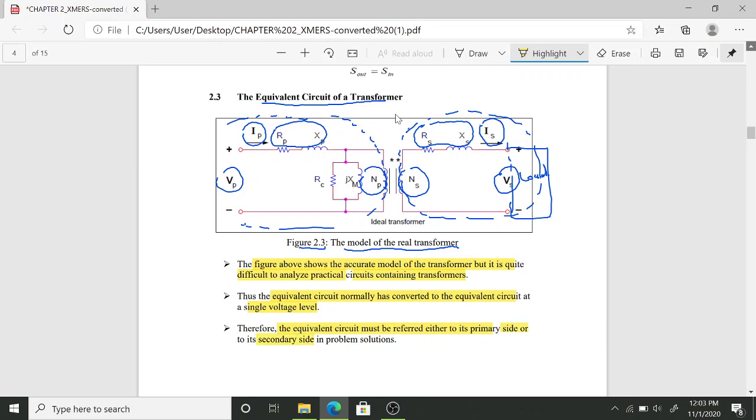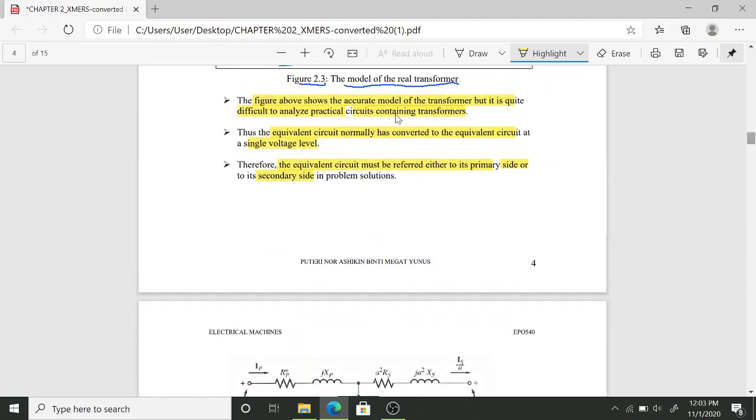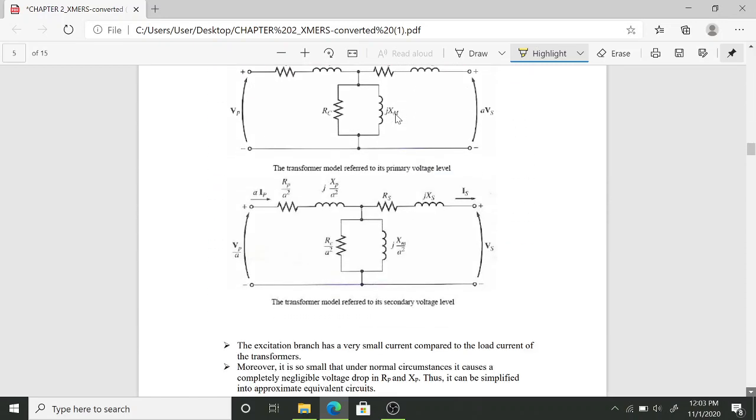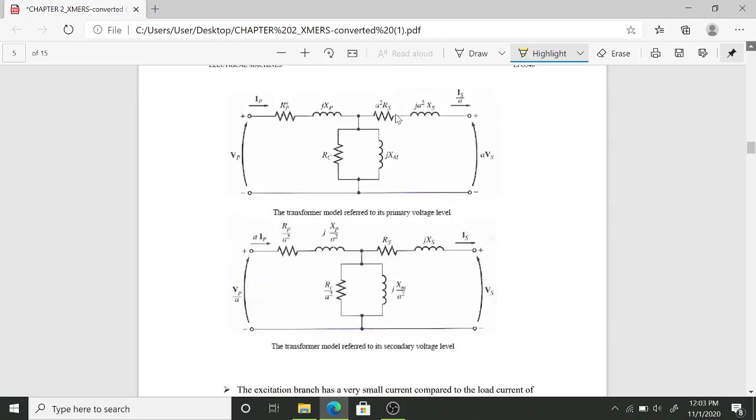Alright. So next, this is the model referred to the primary voltage, and this one is the model referred to the secondary voltage. What you can see is the difference between these two models.